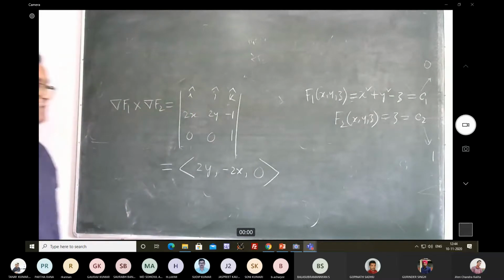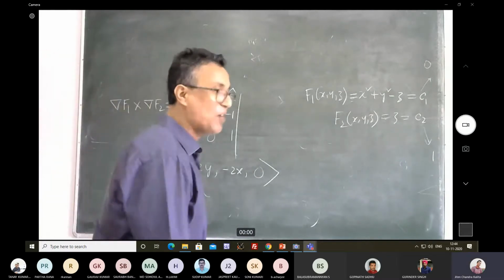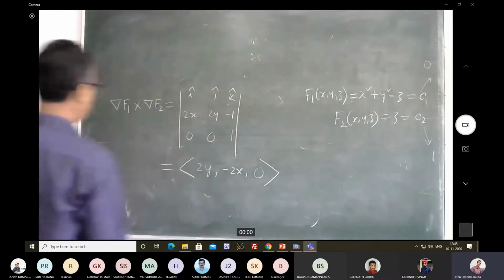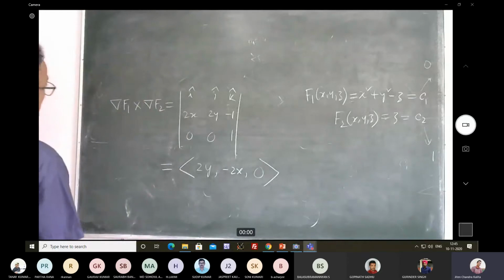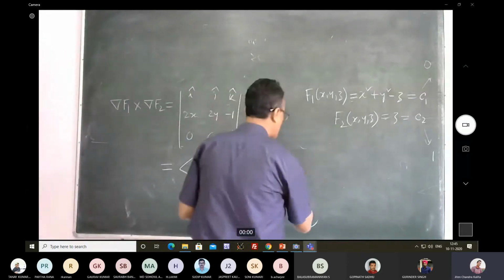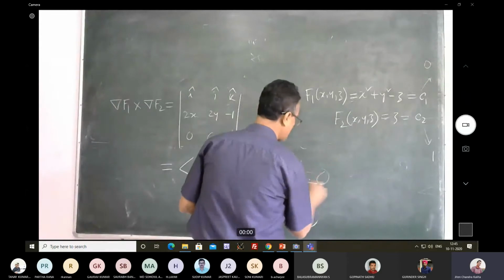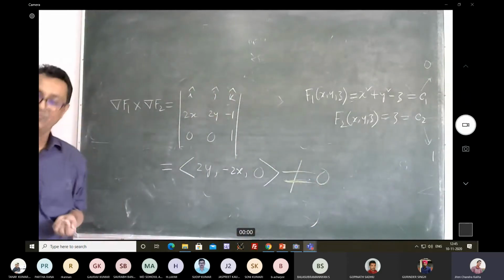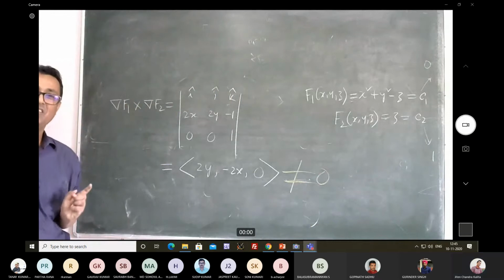Now I'll ask you one question. I want these to be non-zero. I want this to be non-zero in order to define a tangent. Is it okay with everybody?